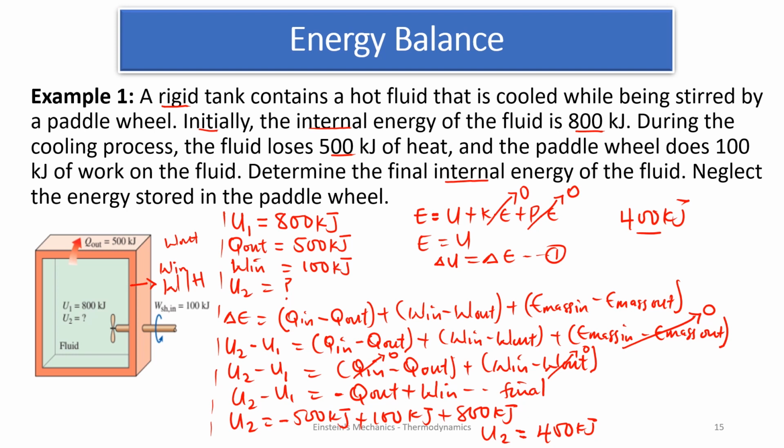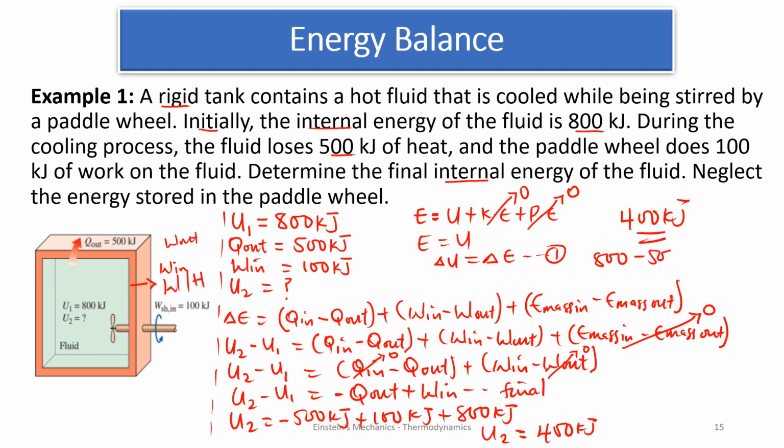And does it make sense? Yes. Let's first start. Let's forget about the equation and make some deductions. The initial internal energy of the system was 800. Are we good? My system had 800 kilojoule. And throughout the cooling process, it lost 500.